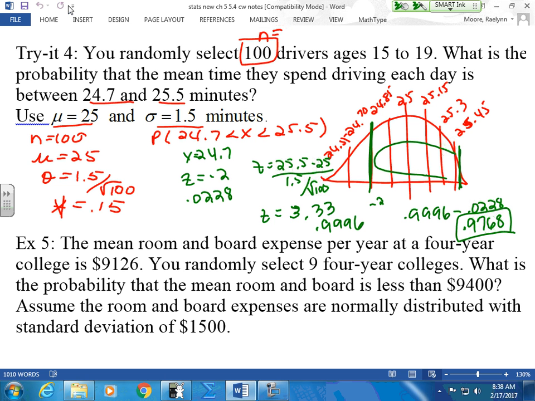So I have about a 98% chance that the sample mean of all these samples will fall between 24.7 and 25.5 minutes. Okay? It tweaks it a little bit using the standard deviation divided by the square root of n.